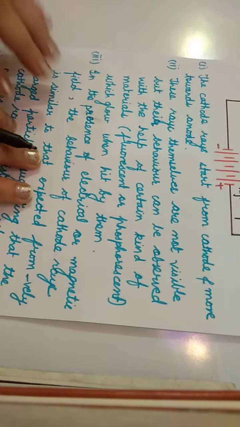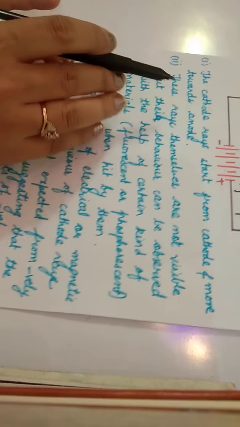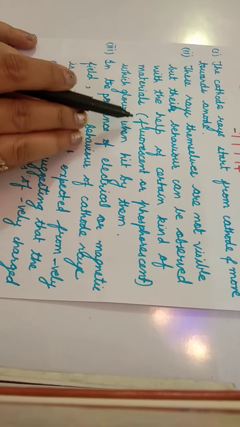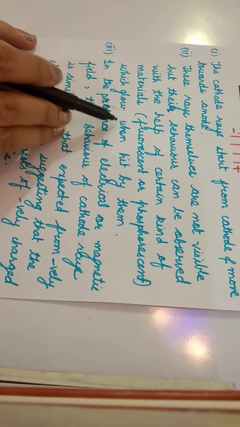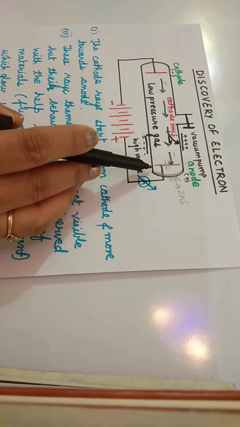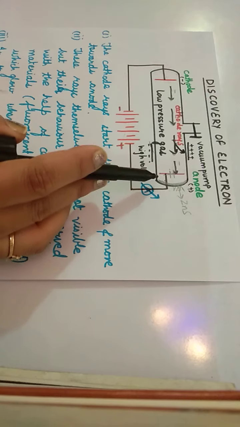So children, again we'll revise. Cathode rays start from the cathode and move towards the anode. These rays themselves are not visible, but their behavior can be observed with the help of certain materials, fluorescent or phosphorescent, which glow when hit by them. Here the material we have taken is zinc sulfide.